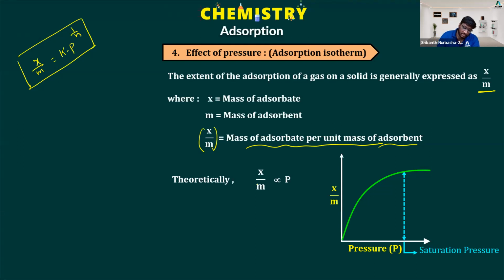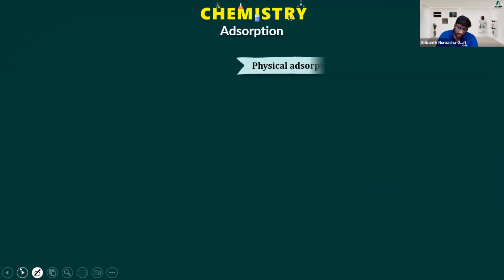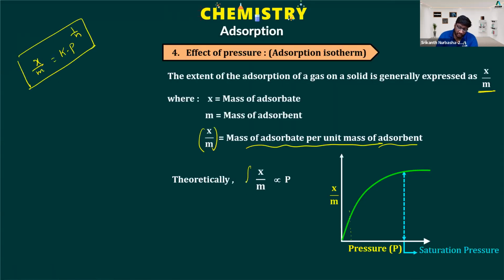So at low pressure, x by m is directly proportional to pressure; at moderate pressure, x by m is proportional to p power 1 by n; and at high pressure, it is independent of pressure. Theoretically, x by m is directly proportional to pressure, because the more the pressure, the more adsorption should happen on the surface of the adsorbent.